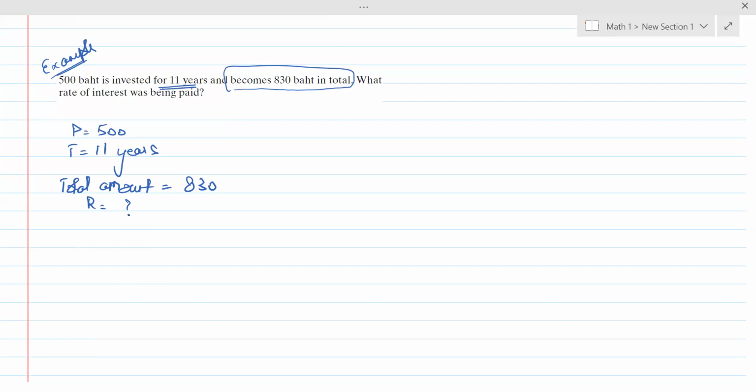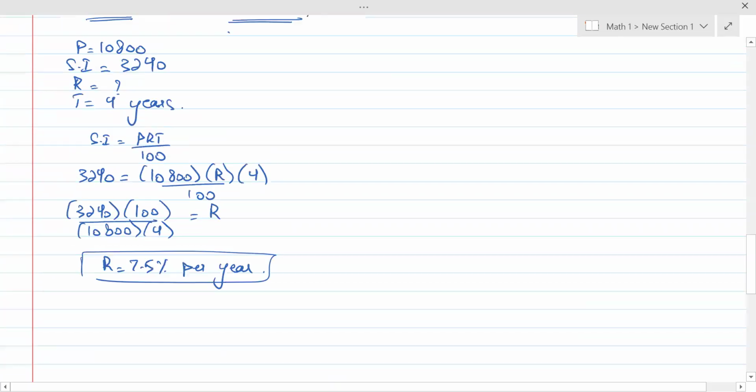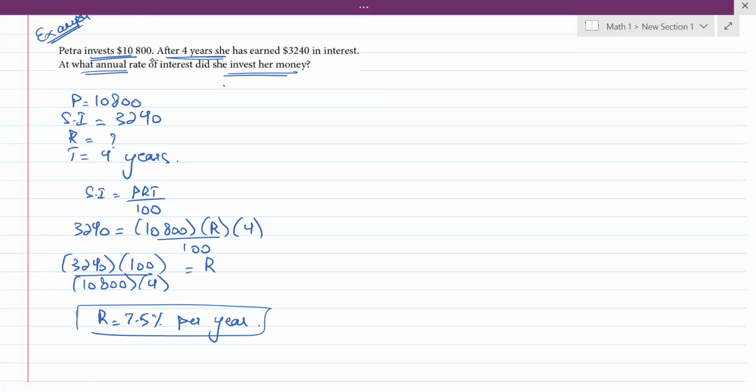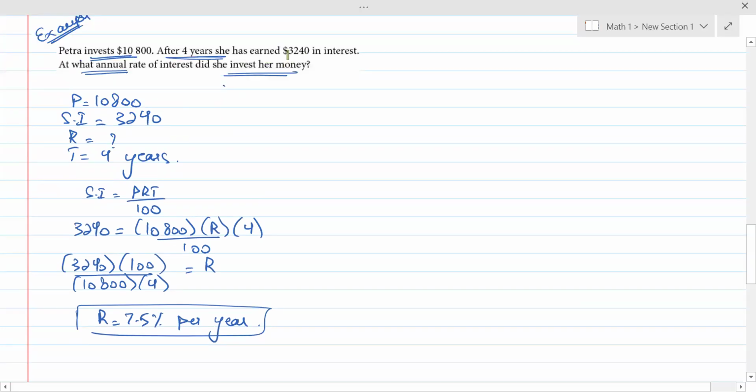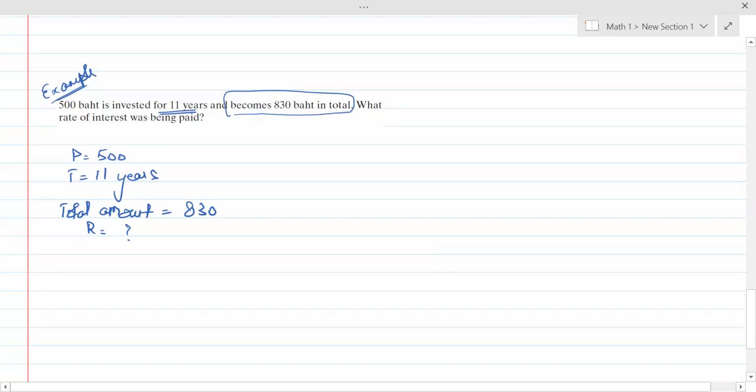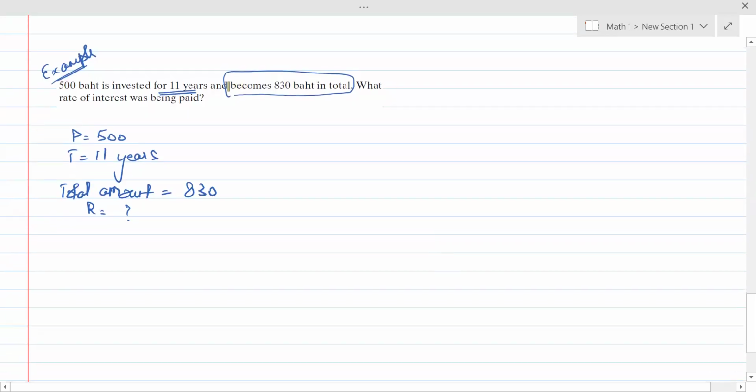But there's a slight difference here between the two questions. If you look at the previous question, they had given us the interest earned. And here again, the rate is to be found, but they are saying that 830 baht is the total.